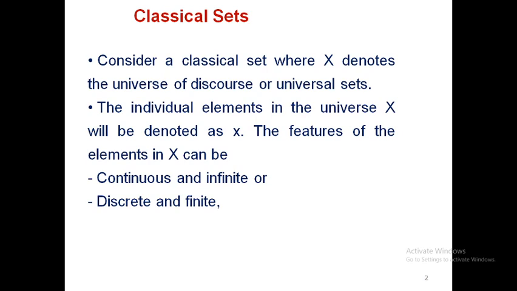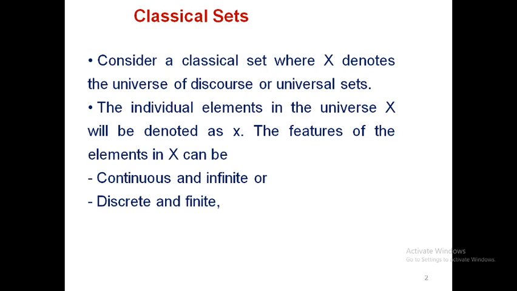Again, the 26 capital alphabets are another set. So if you mix all those alphabets and keep them in another set, and consider that as capital X, that capital X is nothing but the universal set or universe of discourse.